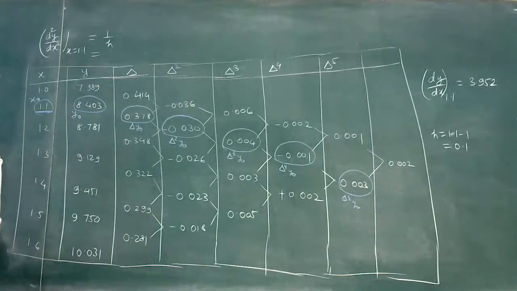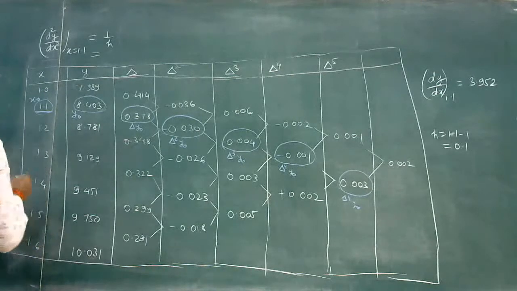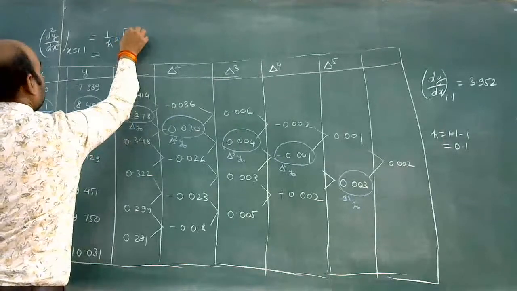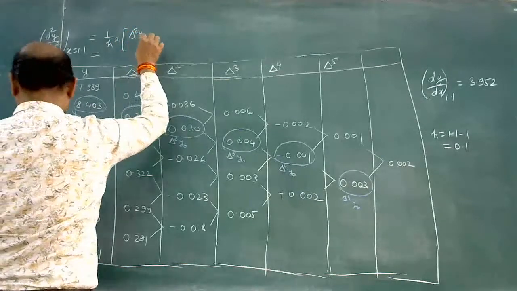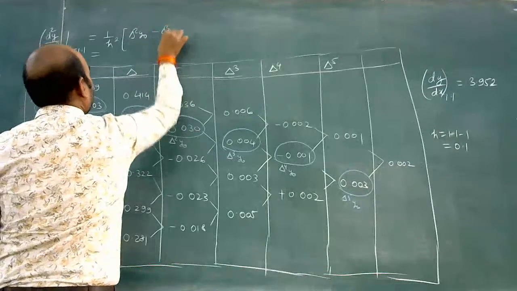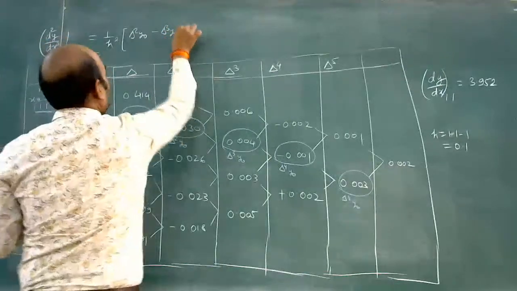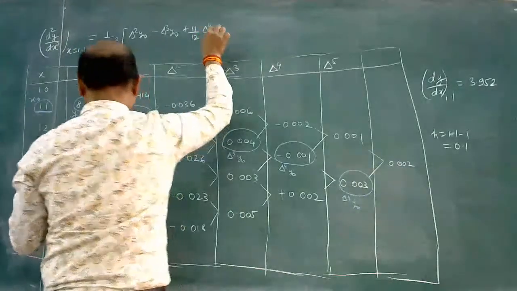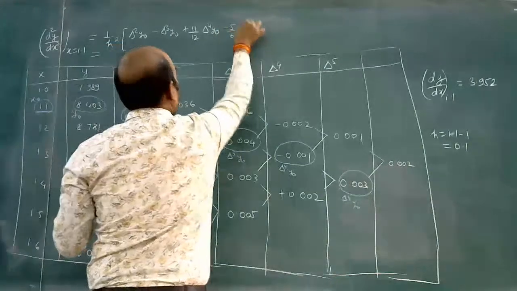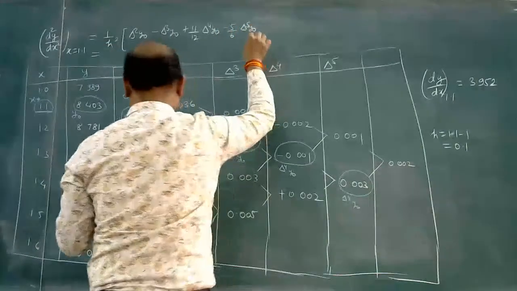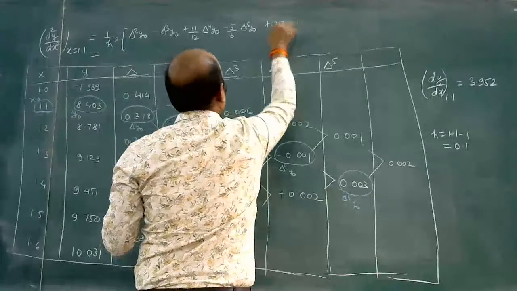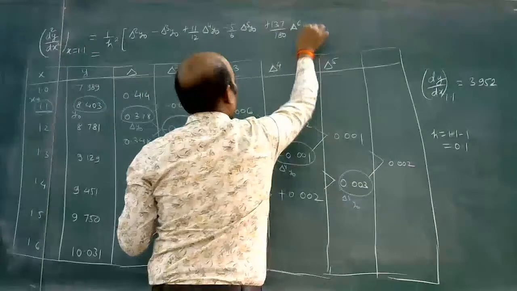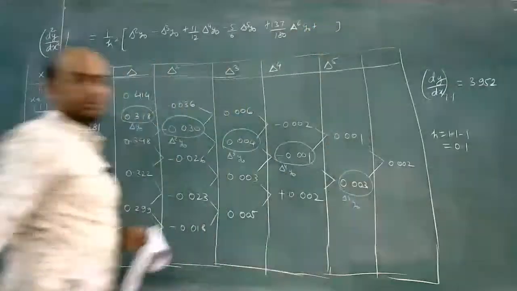So for the second derivative it is 1 upon h square into del square y naught minus del cube y naught plus 11 by 12 del to the power 4 y naught minus 5 upon 6 del to the power 5 y naught plus 137 by 180 del to the power 6 y naught, and so on.